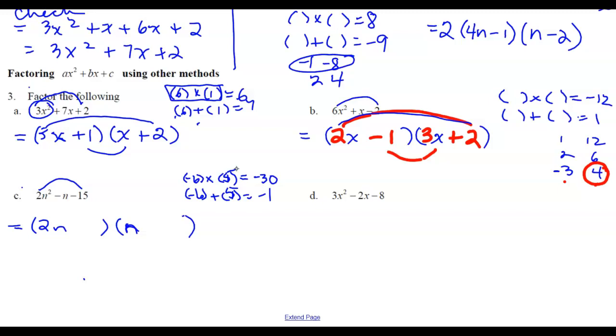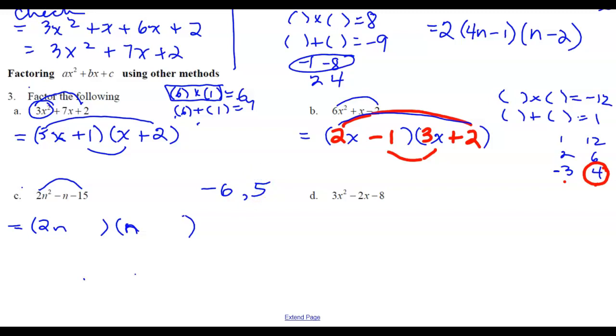You don't put them right in because this is not a simple trinomial, right? So what happens, that's a little messy. I'm just going to rewrite that, just the two factors. So negative 6 and positive 5 are the two factors.